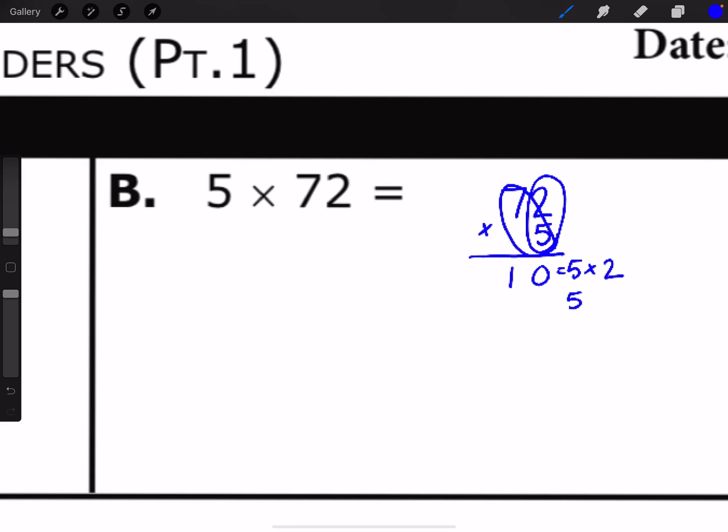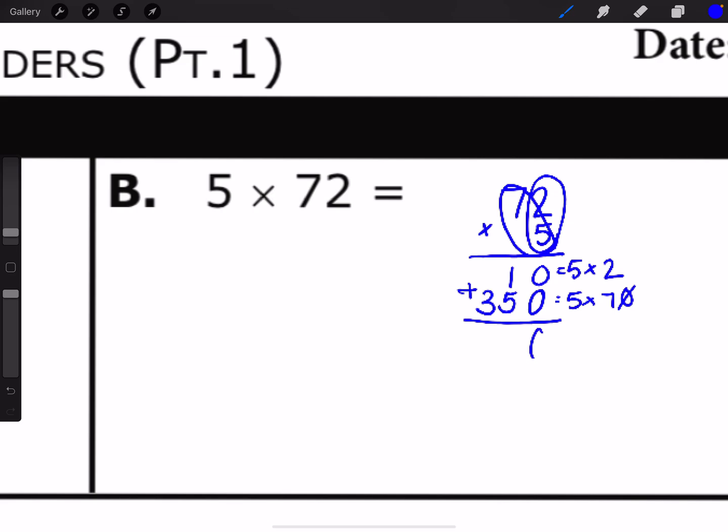And then 5 times 70. Again, we can take that 0 away for just a second. 5 times 7 is 35, if we count by 5s. And then we need to place that 0 on the end, because it's not 5 times 7, it's 5 times 70.